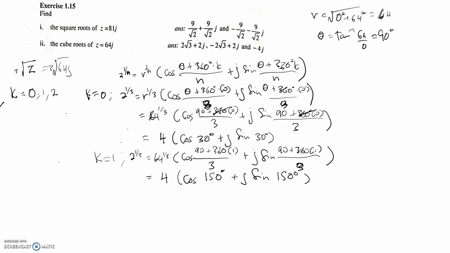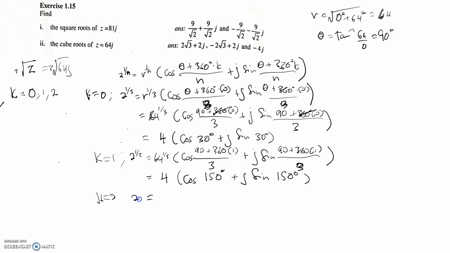And then lastly k equal to 2, and as you can expect, everything is the same. It is just that you'll need to change this into 2. Let's do it quickly. Or maybe we can just write everything down.